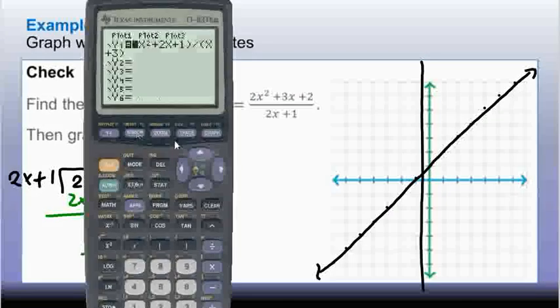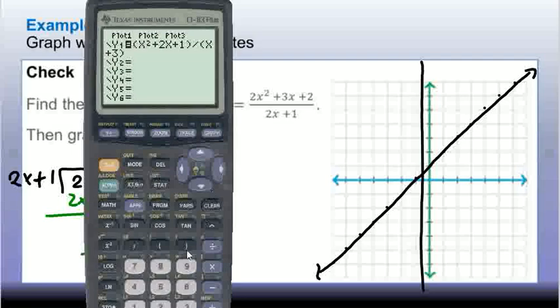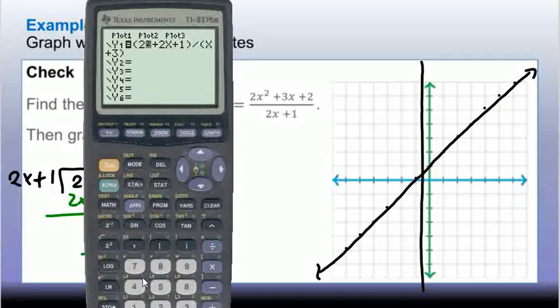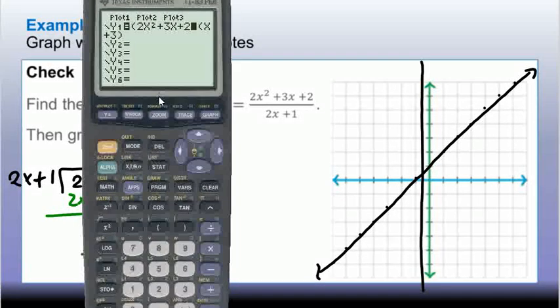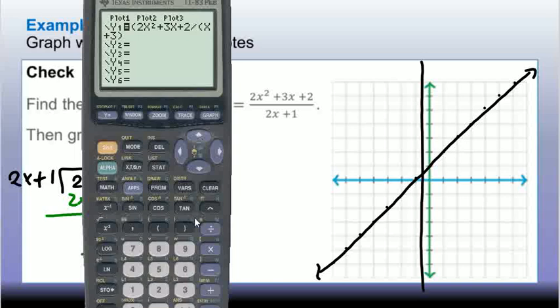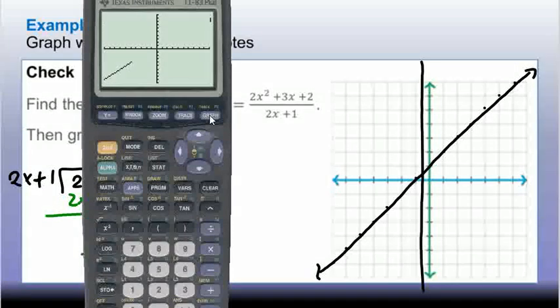So y equals, this is 2x squared plus 3x plus 2 in parentheses, and then divide that by 2x plus 1. We graph that one.